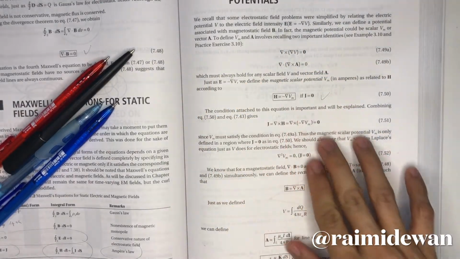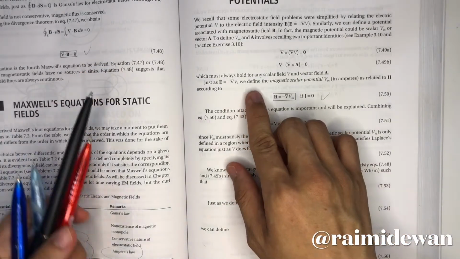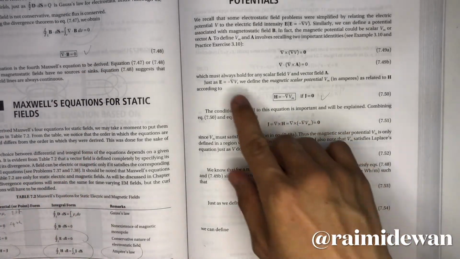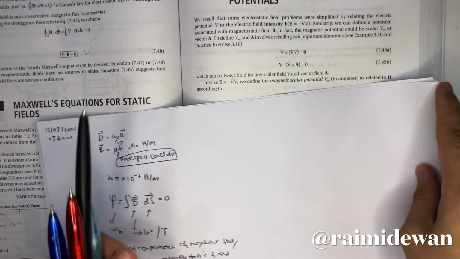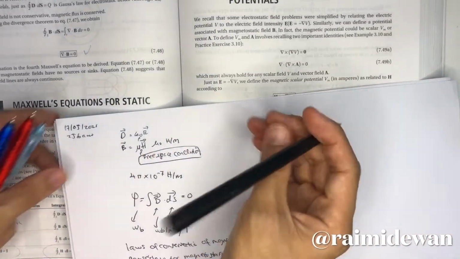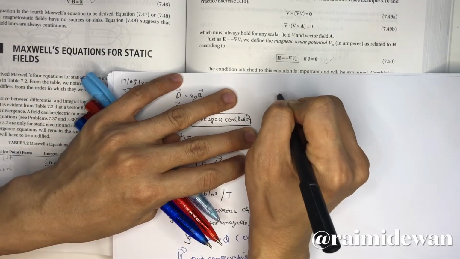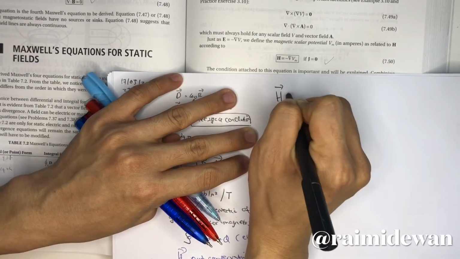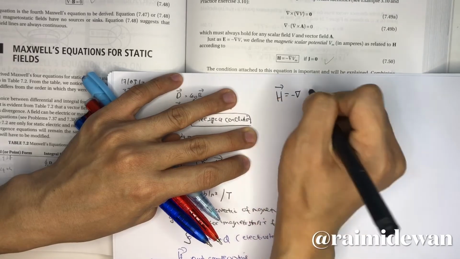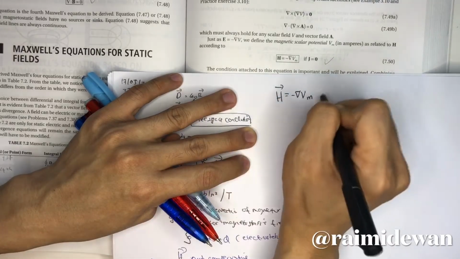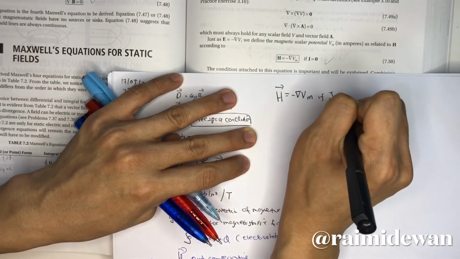Just as the potential gradient for the voltage, we define the magnetic scalar potential Vm. We can have H equals negative gradient of Vm, if J equals 0.